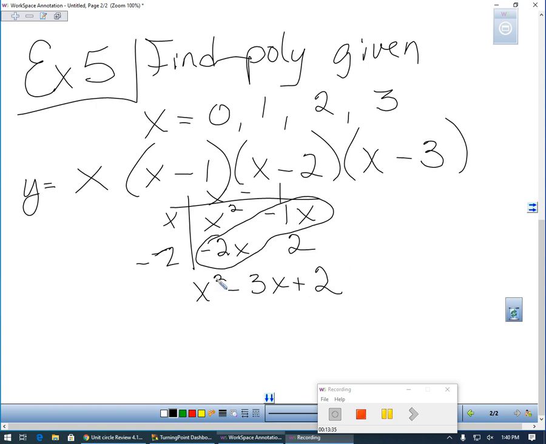Do you agree with my trinomial? Okay, now go ahead and multiply it by the other binomial.